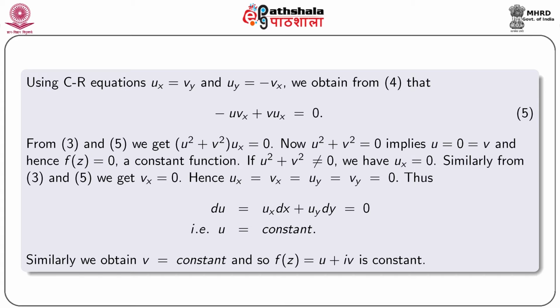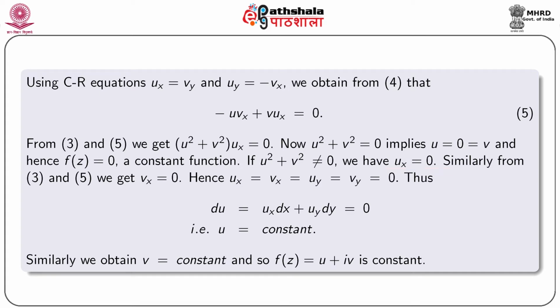Now, solving 3 and 5, we obtain u square plus v square into ux equal to 0. If u square plus v square equal to 0, then we obtain both u and v as 0, and in that case f(z) equal to u plus iv equal to 0, which is a constant function. If u square plus v square is not 0, then we obtain ux equal to 0.